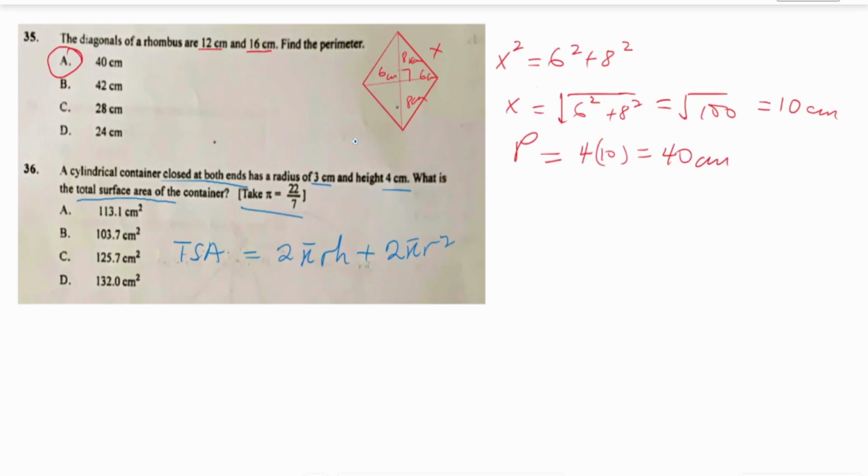And from here, we can substitute the numbers directly, or we can factor 2 pi r out and be left with height plus radius. And then we plug in the numbers to have 2 times 22/7 times radius, which is 3, multiplying the height, which is 4, plus radius, which is 3. And then we just have to put the whole of this in our calculator, and then we get our answer.